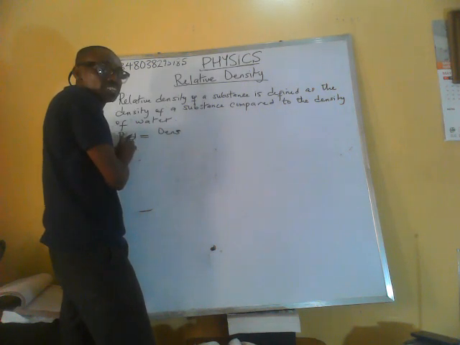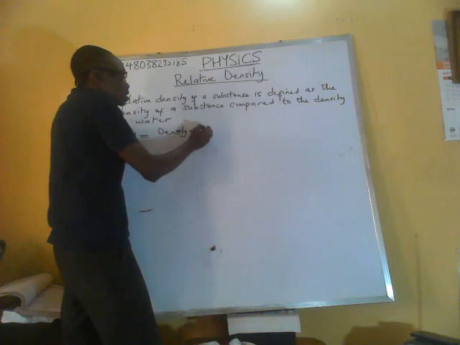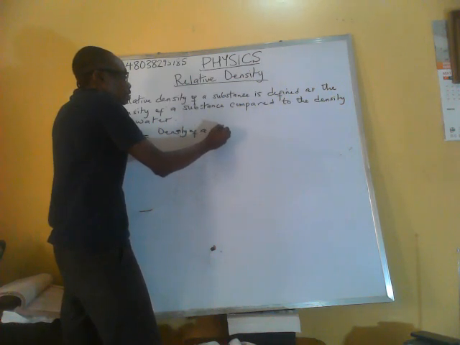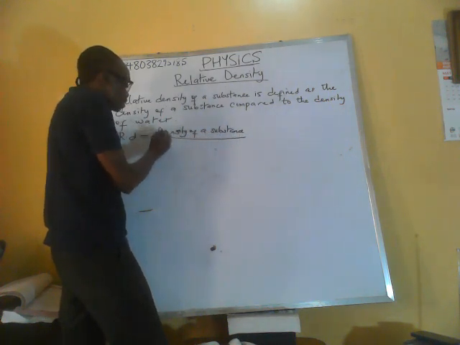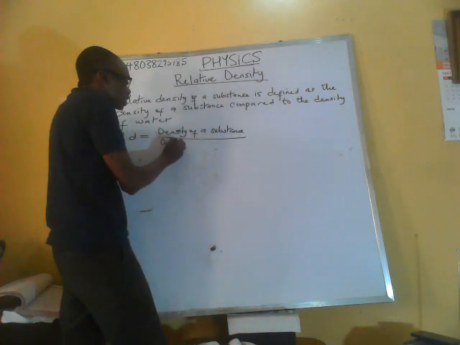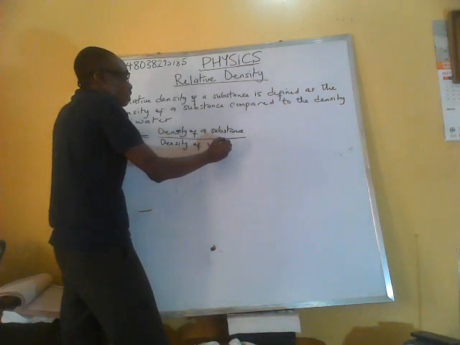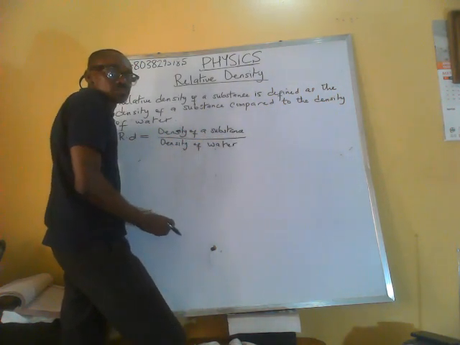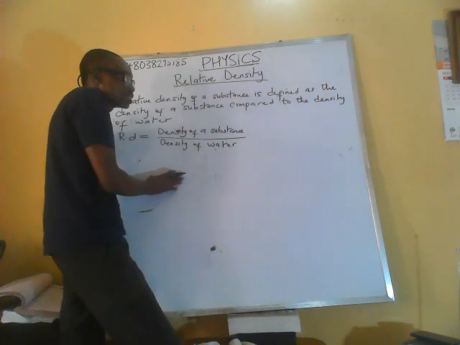RD, which stands for relative density, is equal to the density of a substance compared with the density of water.